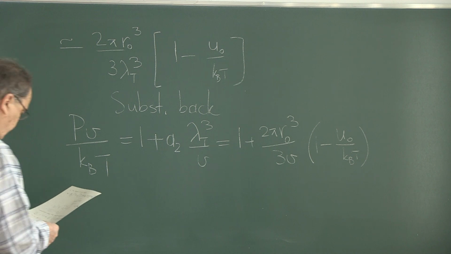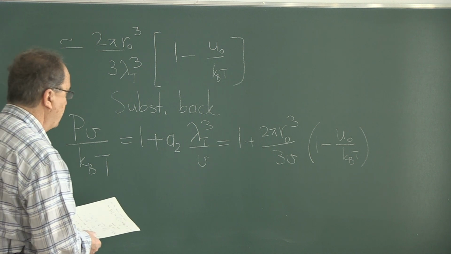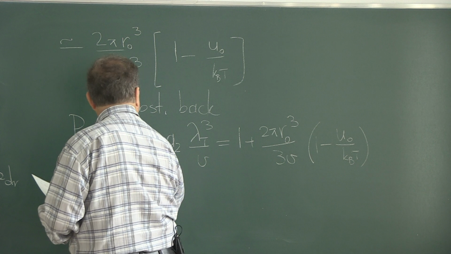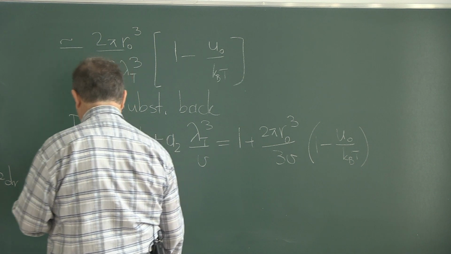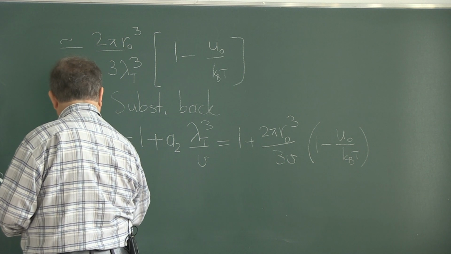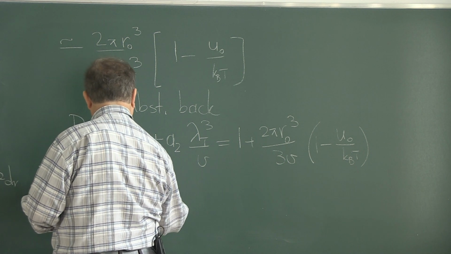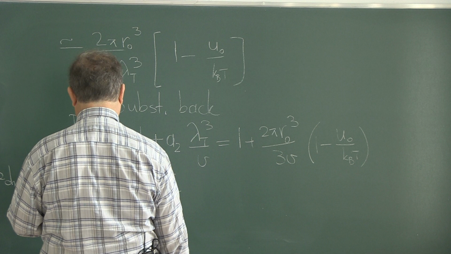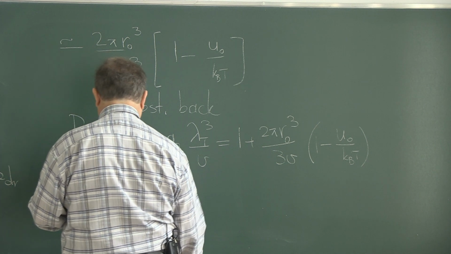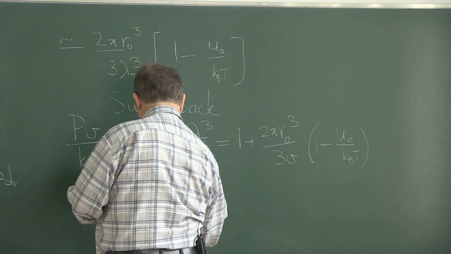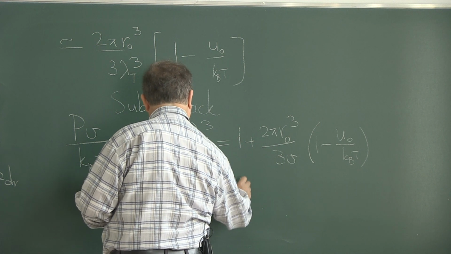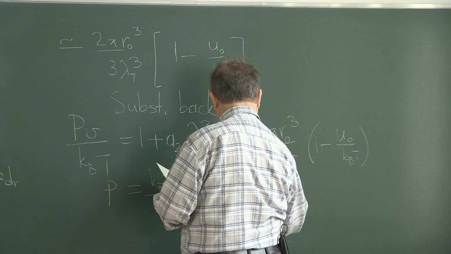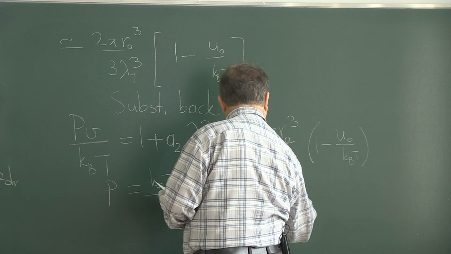Well, sometimes this coefficient is called, where you can write the whole thing as P equals kBT over V, okay, I think that's correct, 1 plus 2 pi r0 cubed over 3V, 1 minus u0 over kBT.